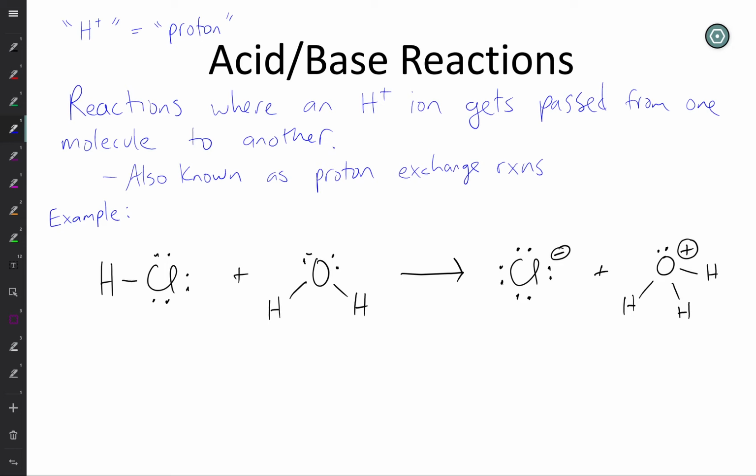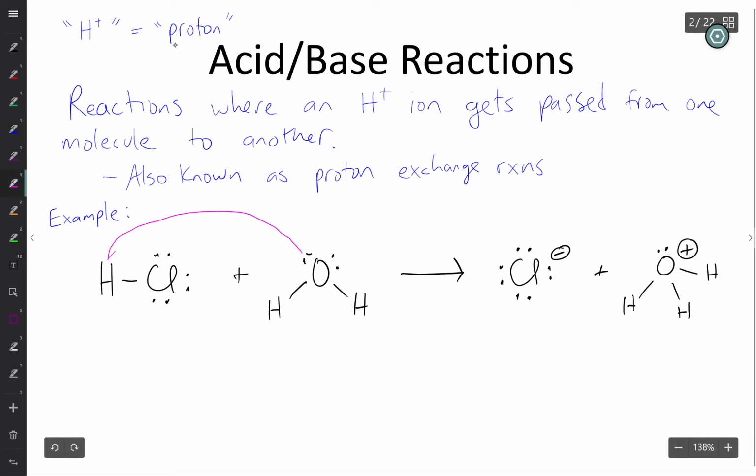Oxygen's partially negative, hydrogen's partially positive. So I would draw a curved arrow from a lone pair on oxygen to hydrogen. That will form this new bond, which I'll highlight in pink. And then hydrogen can't have two bonds at the same time, so I need to break the bond between H and Cl. Who gets those electrons? Chlorine. So that gives chlorine the extra lone pair that gives it a negative formal charge.